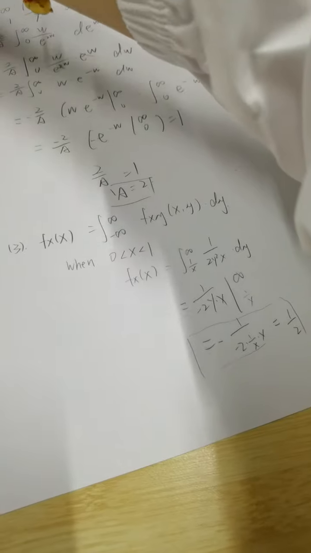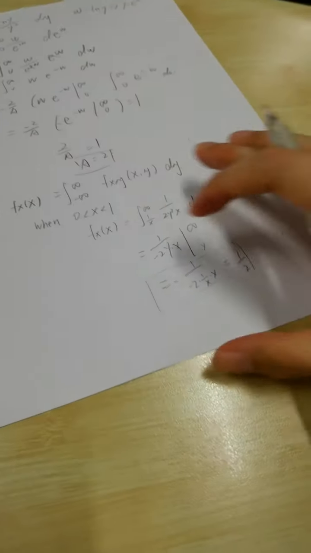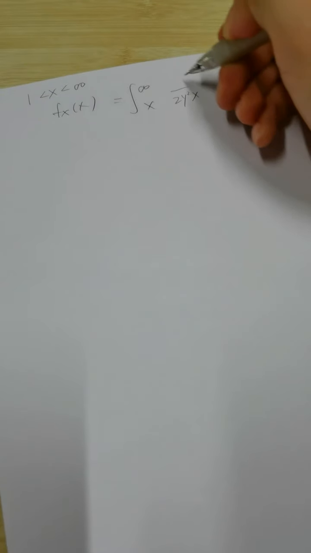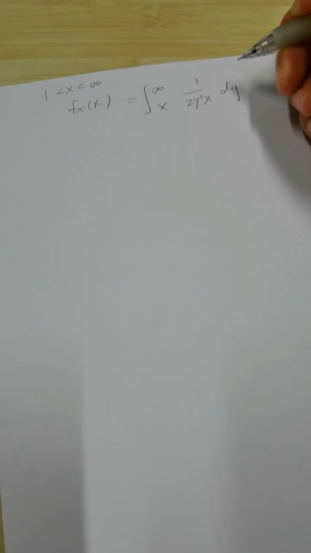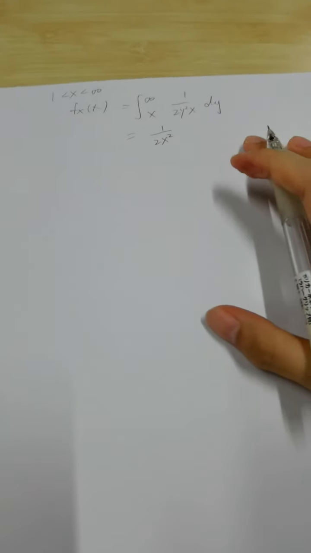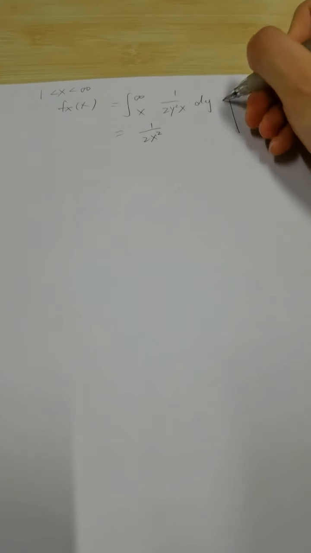And there is also a second part of fx, which is from 1 to infinity, which is fx equals the integral from infinity to x of 1 over 2y squared x times dy. Taking the integral like before, we can get 1 over 2x squared. So from what we already calculated, we can draw a graph.